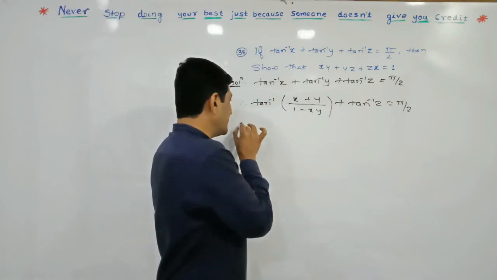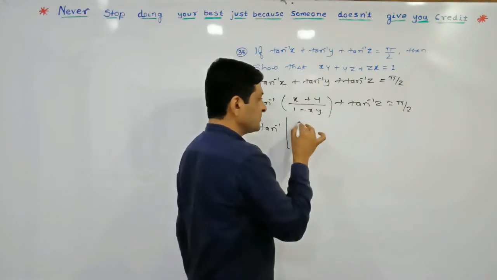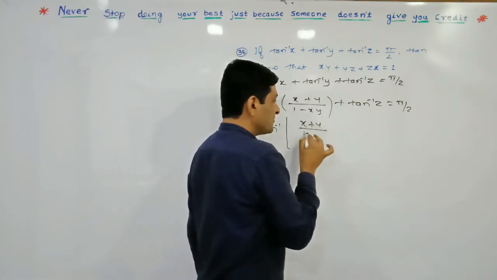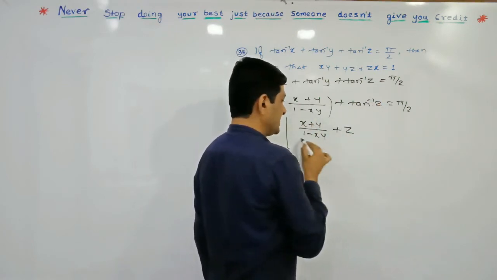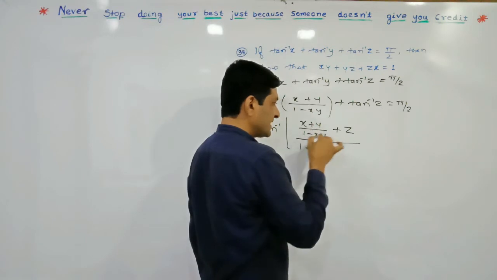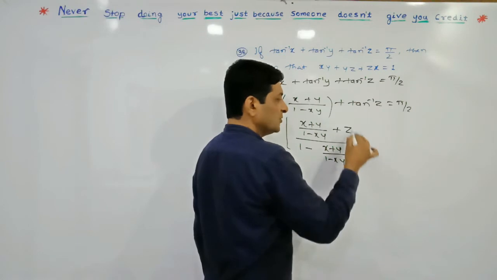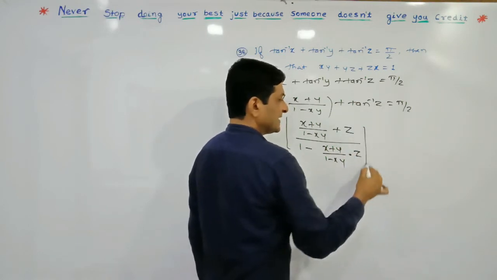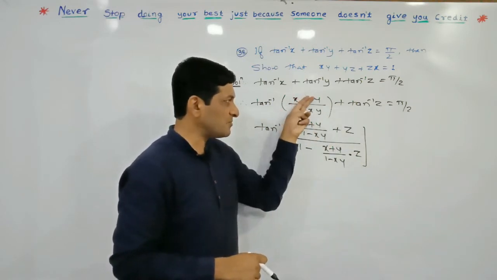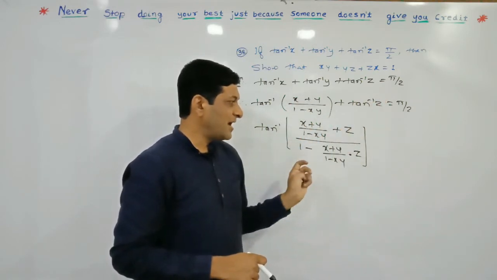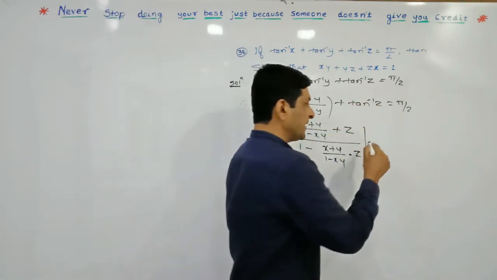According to that property, we will get tan inverse of (x plus y) upon (1 minus xy), where x is (x plus y) upon (1 minus xy) and y is z. So tan inverse of x plus tan inverse of y is equal to tan inverse of x plus y upon 1 minus x into y. On this side pi by 2, keep it as it is.